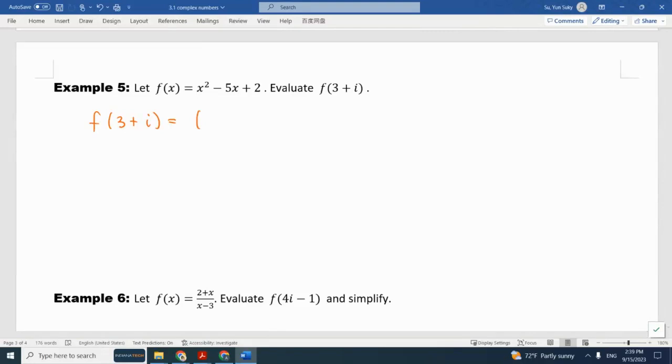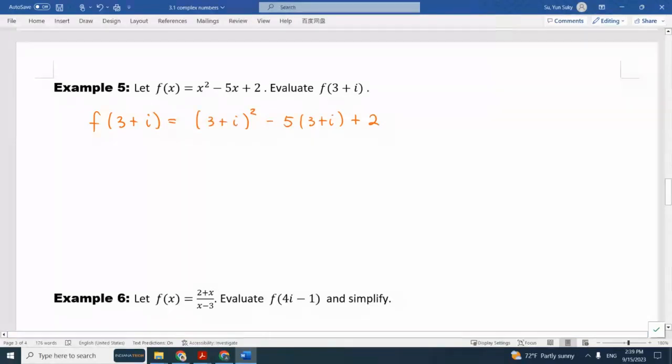Do you see x squared? So replace x by 3 plus i, squared, minus 5 times x. What's x? 3 plus i. And then plus 2. Right, everybody?